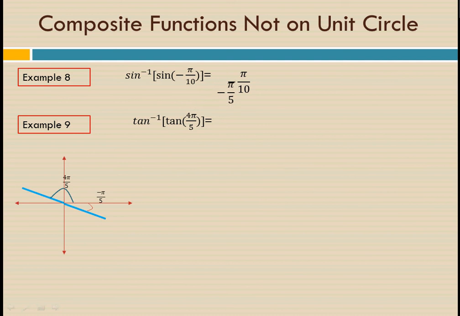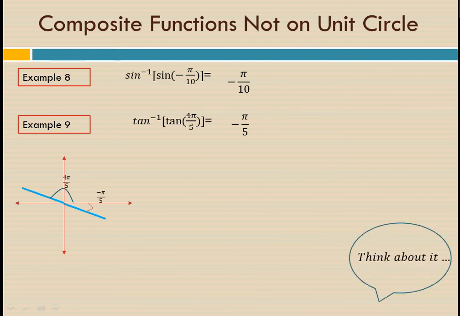Okay, think about this. What do 4 pi over 5 and pi over 5 add up to? A whole pi, 180 degrees, right? When I put those two terminal sides together, what do they form?